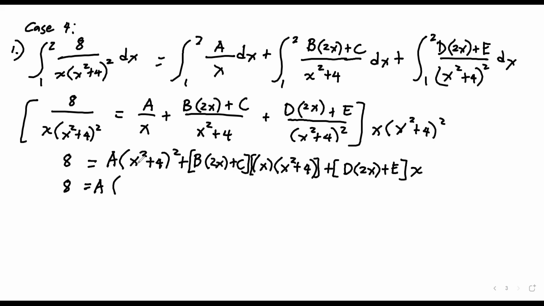So when we expand it, 8 equals a. When we expand the square of x squared plus 4, x to the 4th plus 8x squared plus 16, plus b, 2x times x cubed. Okay, let's expand that first.